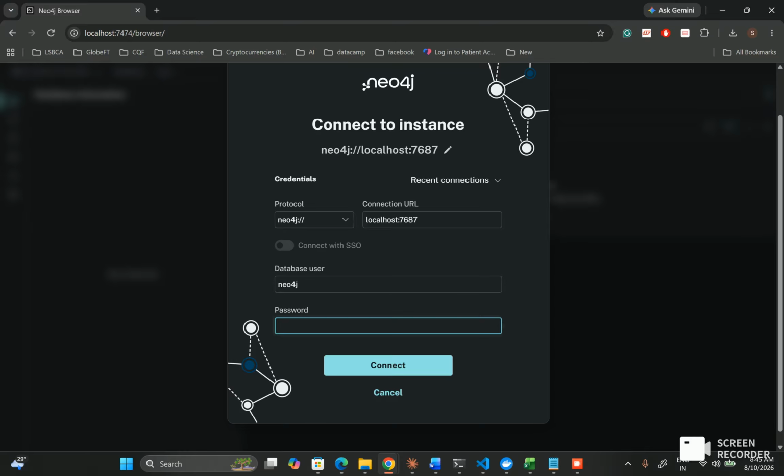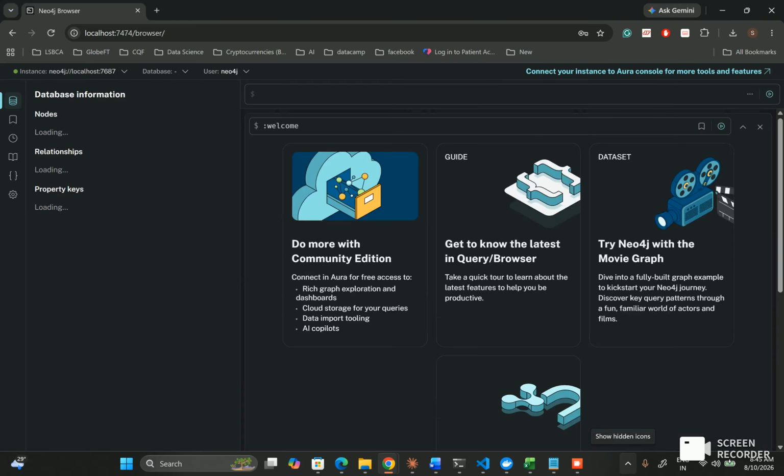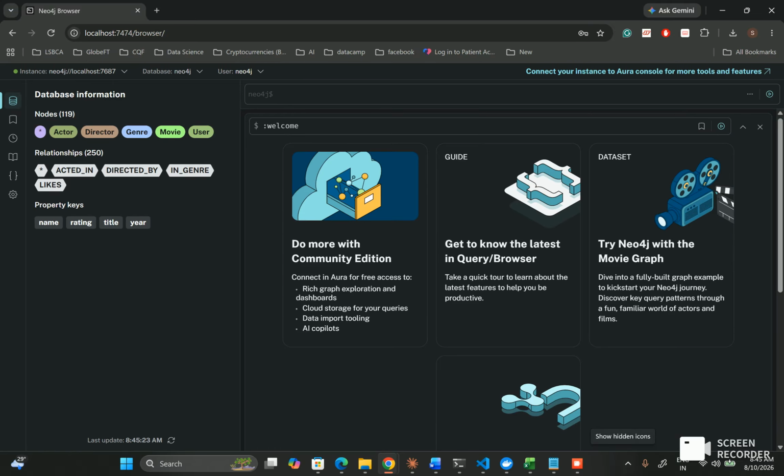I'm using the community edition of Neo4j, which is free for everyone. Okay, here we are. The database has already loaded.